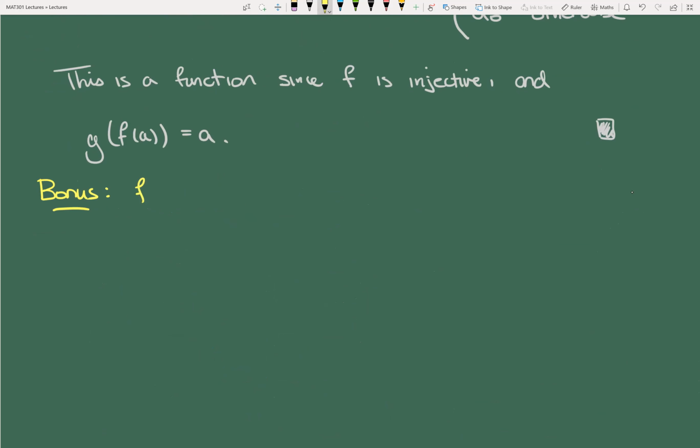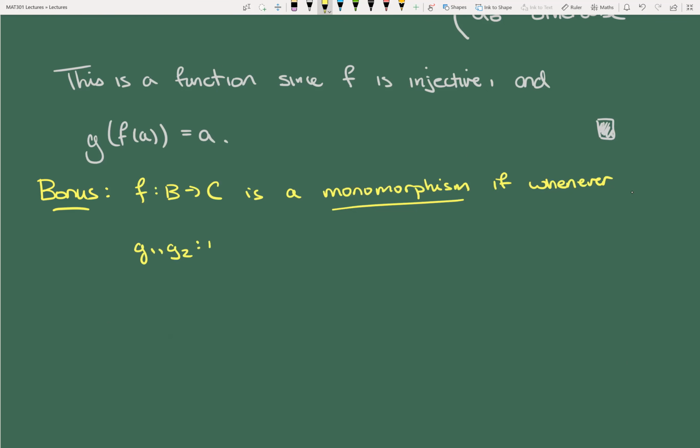So f mapping B to C is a monomorphism if whenever g1 and g2 are two functions from A to B such that f composed g1 is equal to f composed g2, then g1 equals g2.